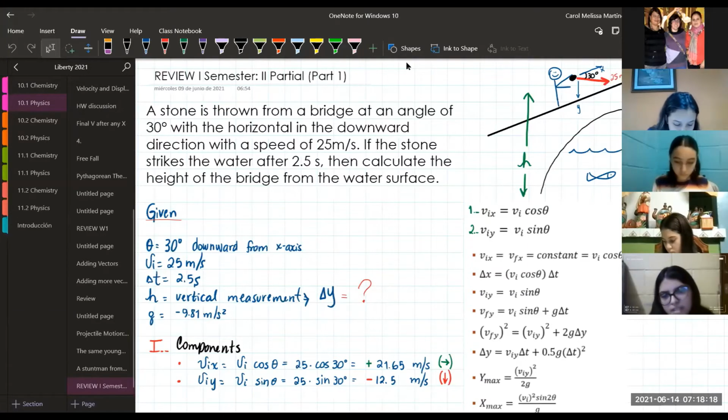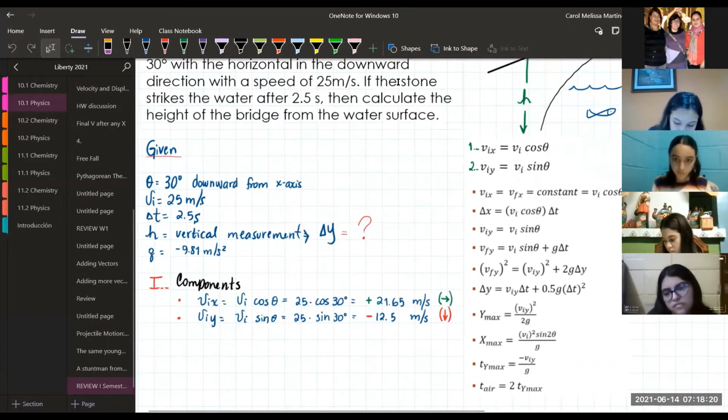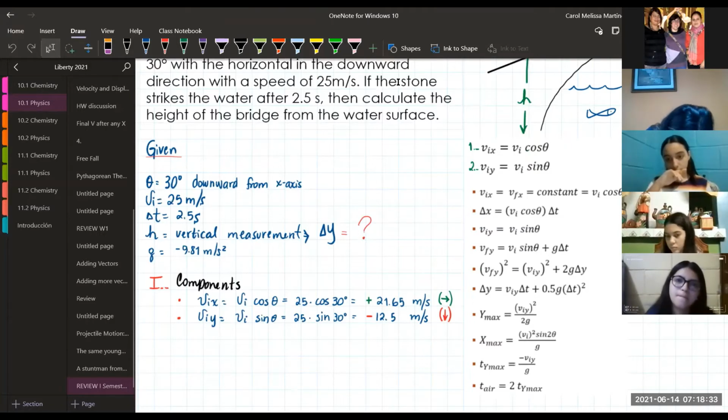According to all these equations I gave you, the one that says delta y. It's already isolated for it, okay? We don't need to even do another isolation because it is already there. So the equation to find delta y is already given.